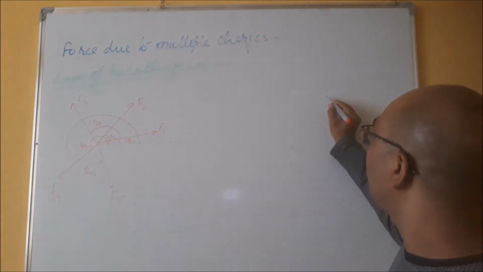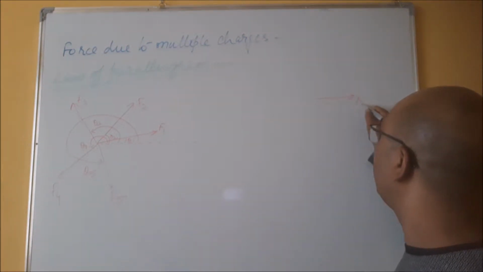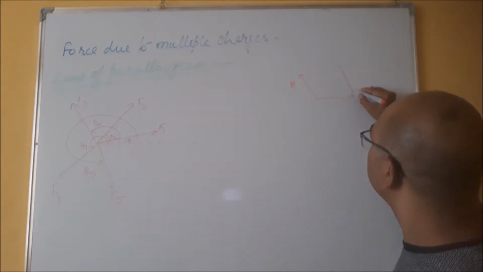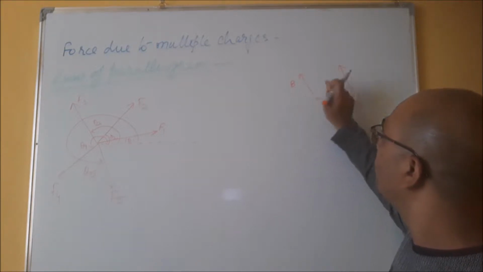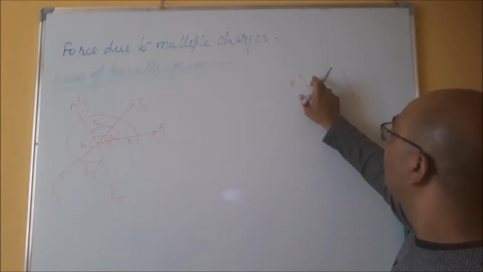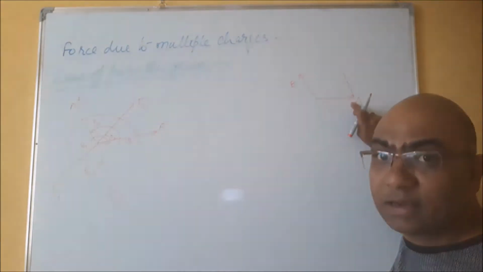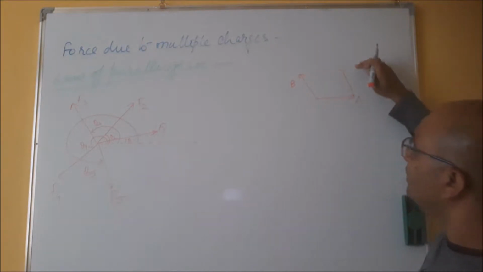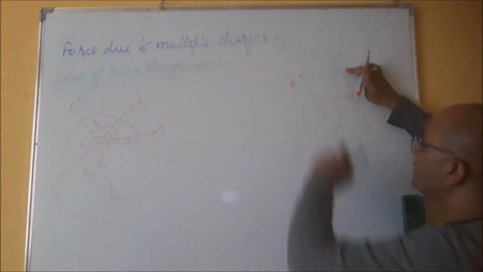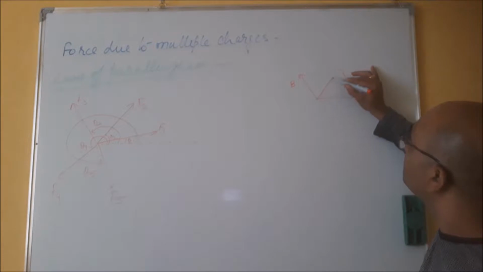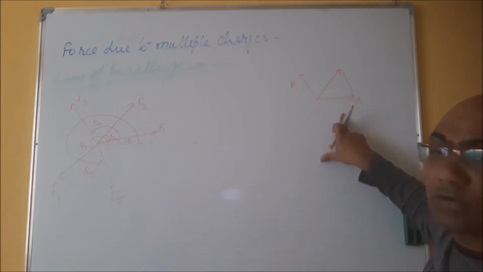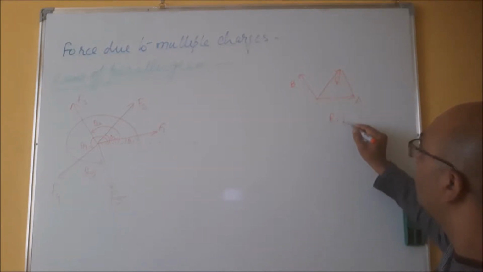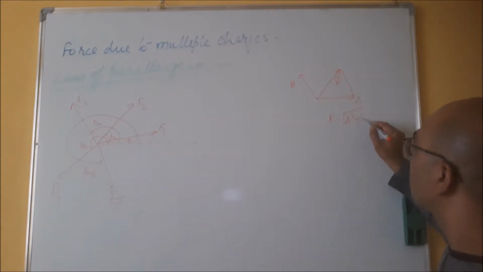if we have one force like this A and one force like this B, and I shift this B parallelly to the head of the vector A, and now I am trying to meet this head with this point, this will make a parallelogram, and the resultant R is given by under root A square plus B square.